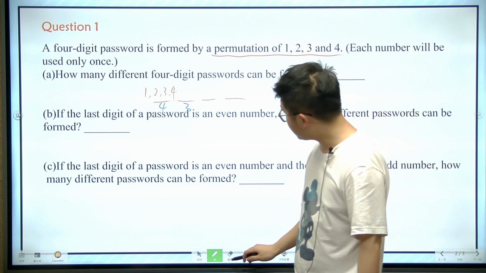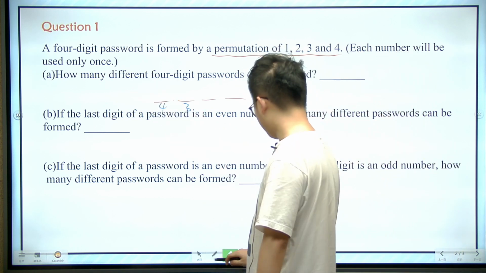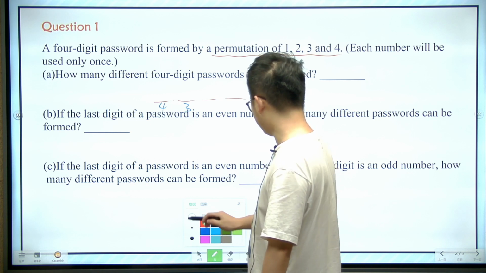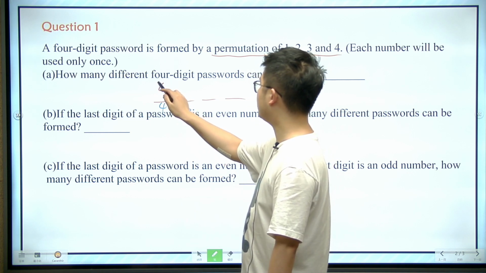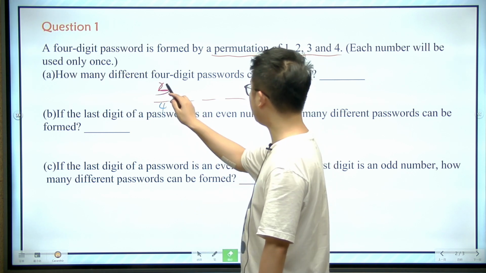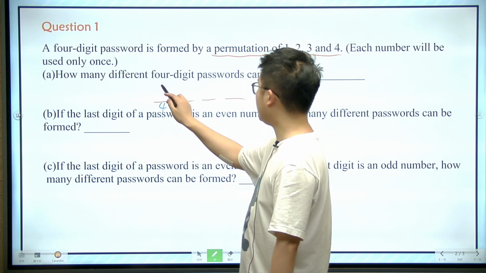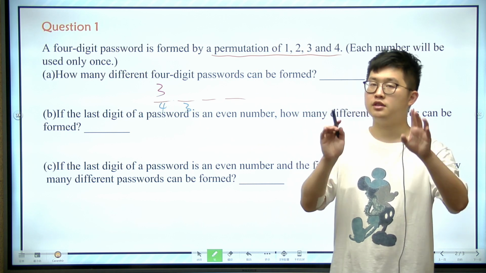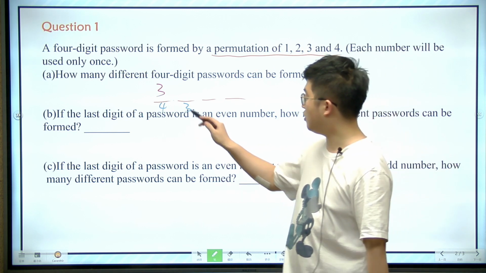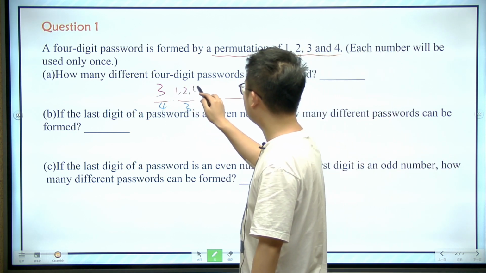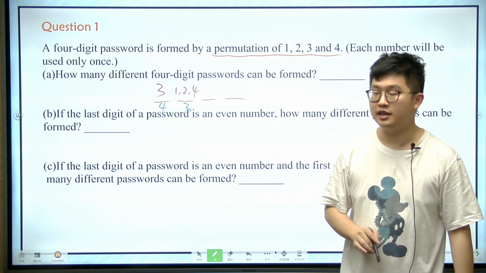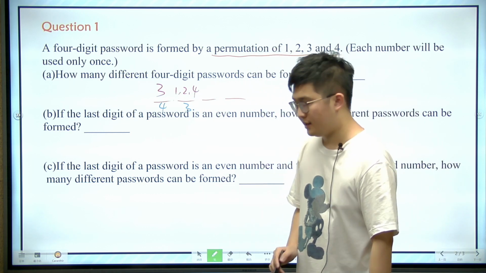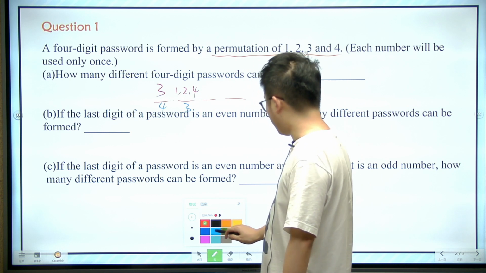For example, if we put 3 here, then 3 is already used. What is left are 1, 2, and 4, so 3 choices. What about the third place?